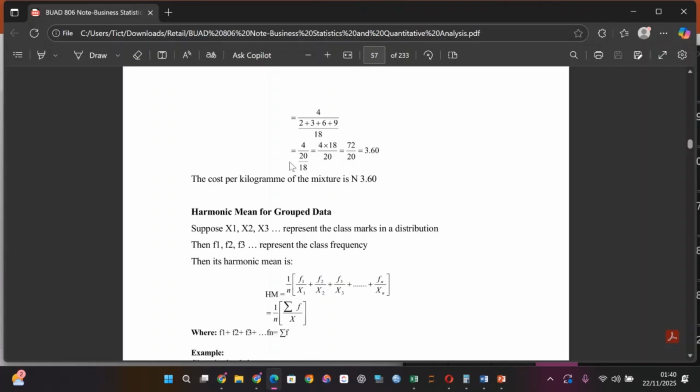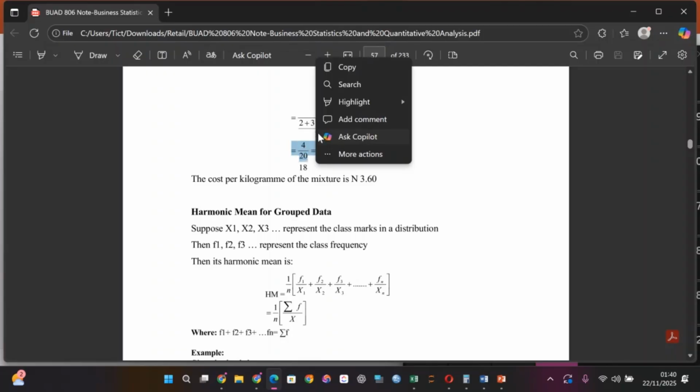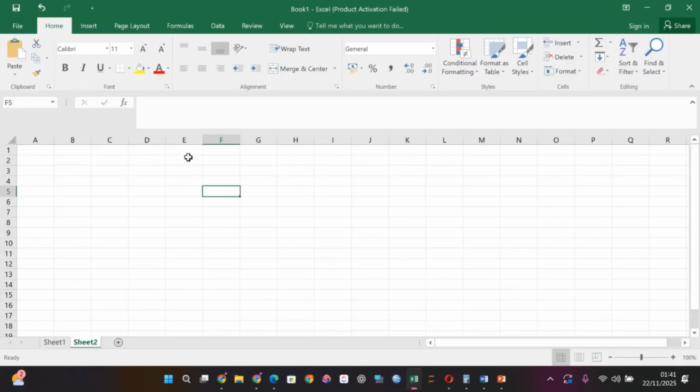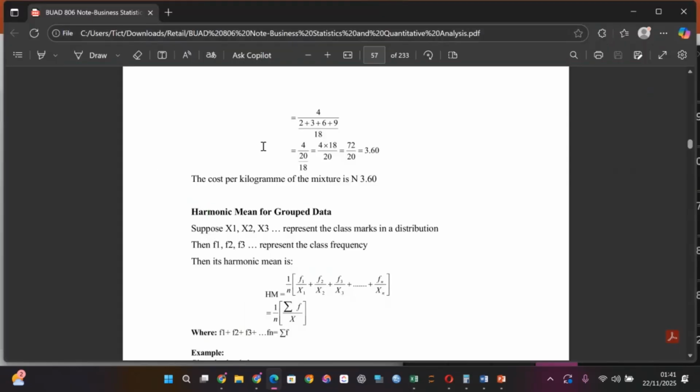So okay, from this level now we have 4 divided by 20. At this point, we are going to divide it by the fraction. And dividing by the fraction means we multiply by the reciprocal value, which is this 20. So we take this 4. I don't know how to write this in Excel, but it's actually what is here.